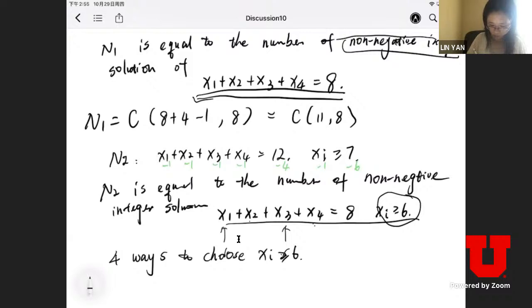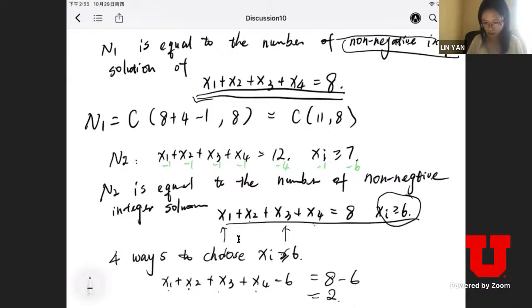Then if we subtract 6 from both sides, the right-hand side becomes 2. No matter which xi you choose, for example x1 larger or equal to 6, the other items are still non-negative.